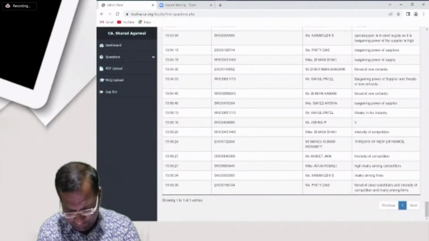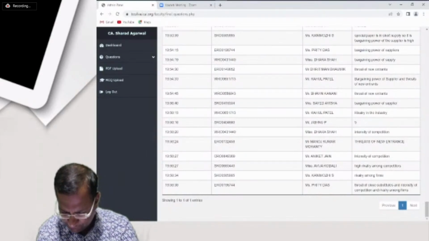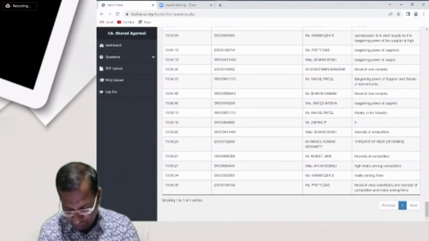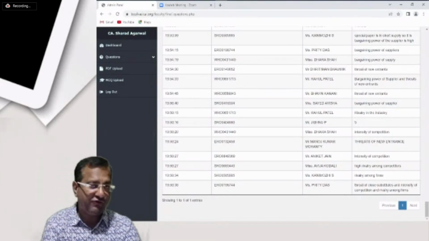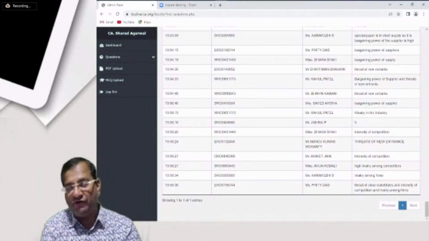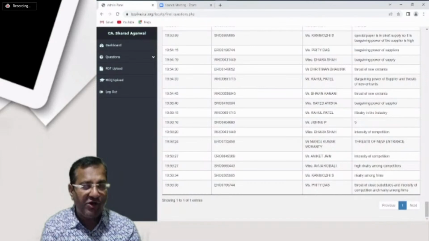Manoj Kumar, threat of new entrance is not there, beta. No, that is not the point. Okay, Preeti Das has given me both the answers correct. Okay, so the first answer given by the majority of the students is point number 5, intensity of competition.